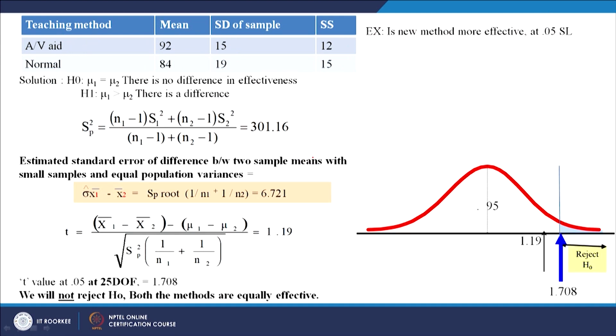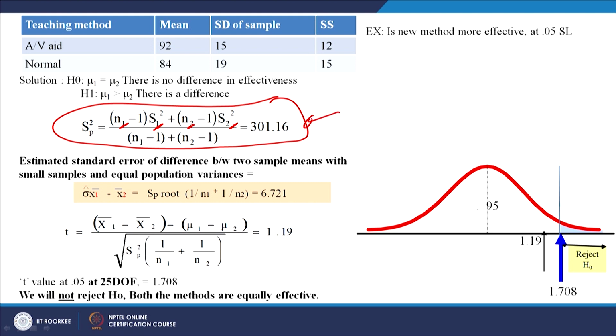So, let us look at the solution to this question. First of all, calculate the pooled variance Sp square. So, this is (n1 minus 1) into S1 square, plus the same for the second sample, that is, the variance of the first sample, variance of the second sample, first sample size and second sample size, right.